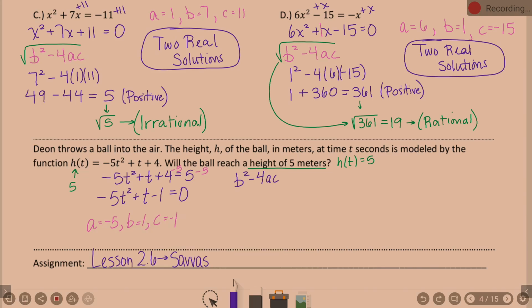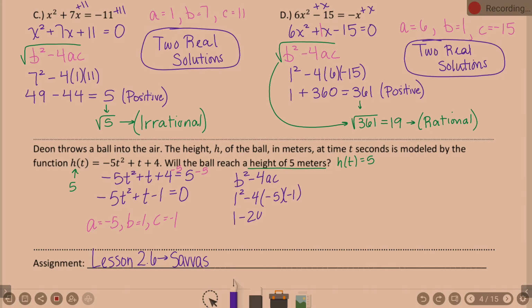B squared, 1 squared, minus 4ac, 4 times negative 5 times negative 1. 1 squared is 1. Negative 4 times negative 5 is positive 20, times the other negative 1 does make this negative 20.